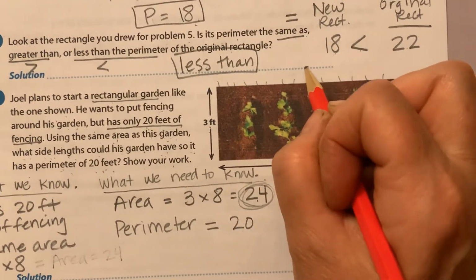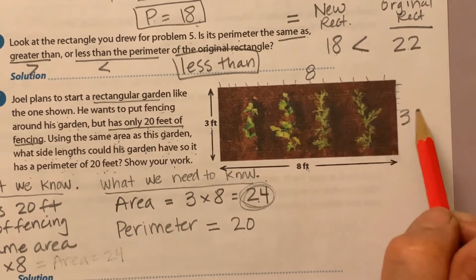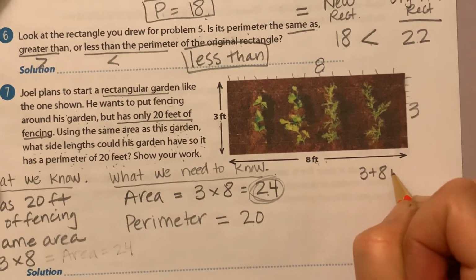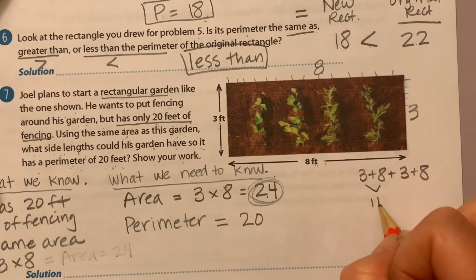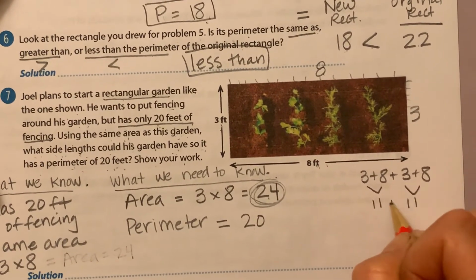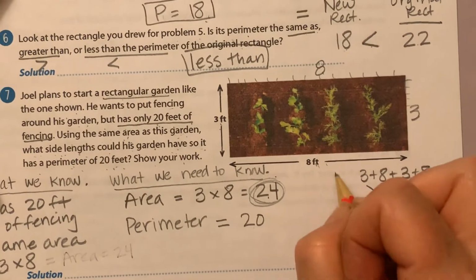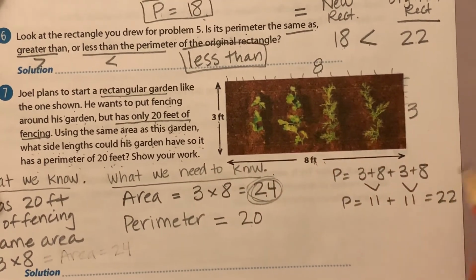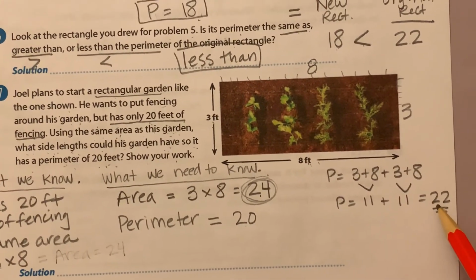What about this one? It's 8. What is 3 plus 8 plus 3 plus 8? We've got 11 and 11. That's 22. So this garden has a perimeter that is too large. It's 22. We need it to be 20.